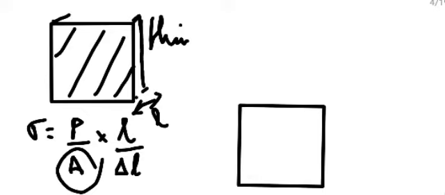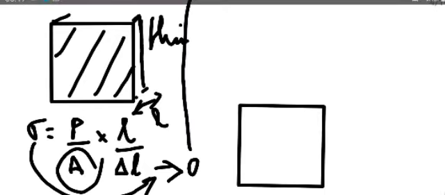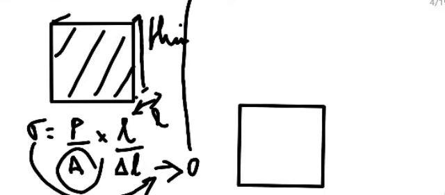In that case, this sigma may approach 0. It can be neglected. Such conditions wherein stress in one direction can be neglected is called plane stress condition.